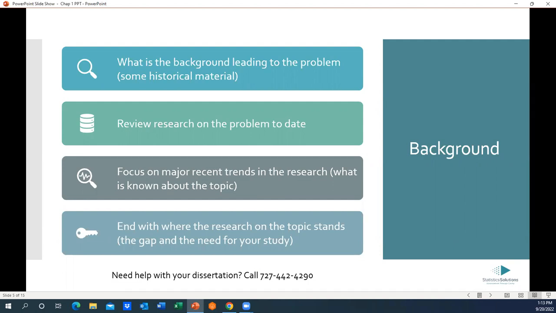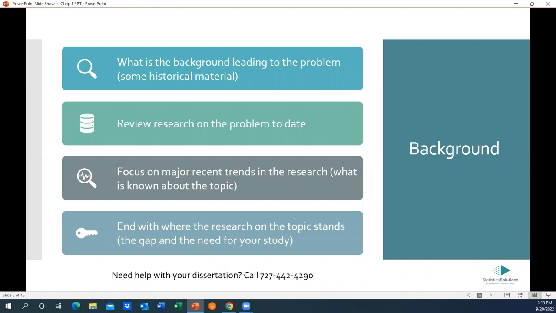And it's a broad strokes treatment, right? You're not getting super specific. You're noting trends in the research, right? What has research focused on in the past? What are some of the major findings? Give us a point by point that way.